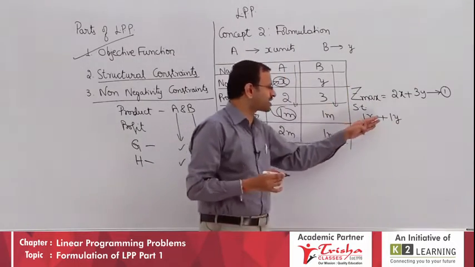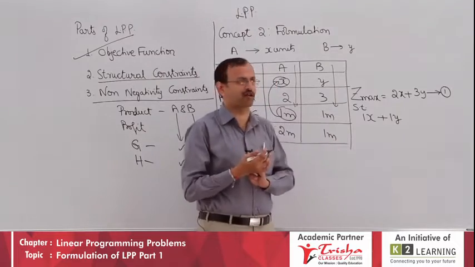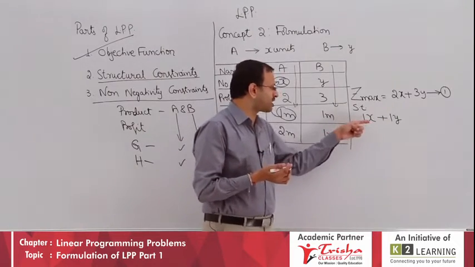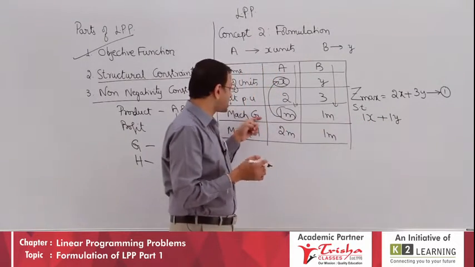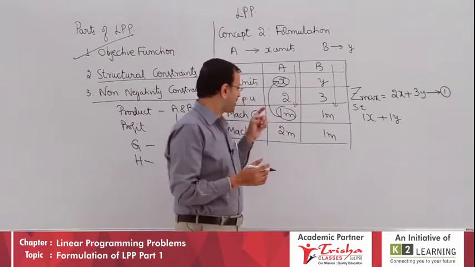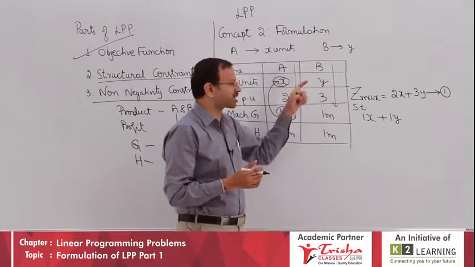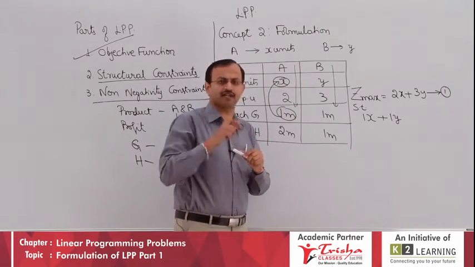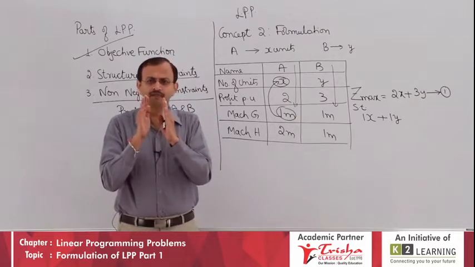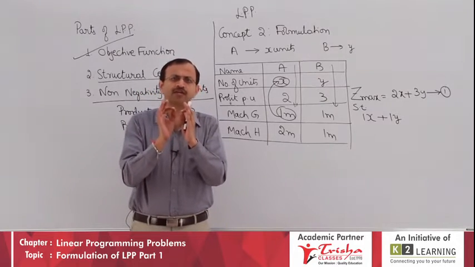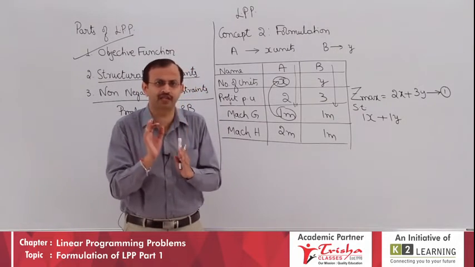I don't know how much x and how much y, accordingly so much time is gone. So 1x, 1y. What is 1x? Machine G time for product A, machine G time for product B. But the last part of the question is given: machine G maximum time available is 6 hours 20 minutes.